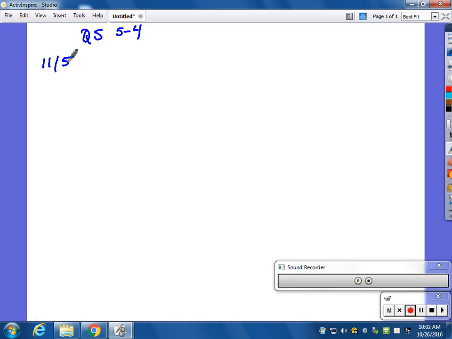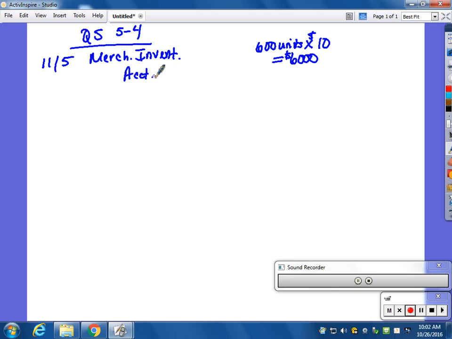So in order for us to find that amount, we take 600 units, multiply that by $10, which gives us $6,000. That's how much they paid for the product, right? So what is the journal entry here? A debit to what and a credit to what? A debit to merchandise inventory and a credit to accounts payable for that $6,000.